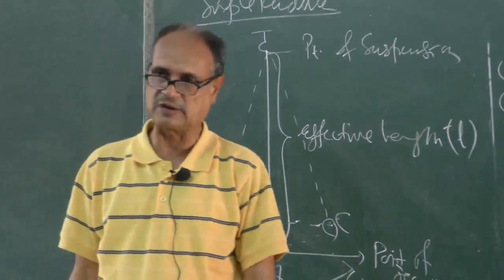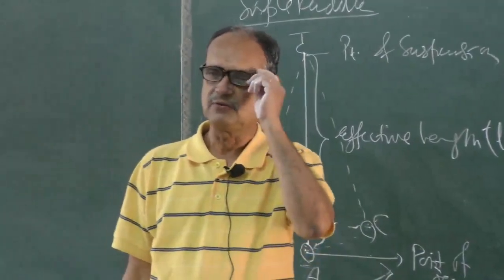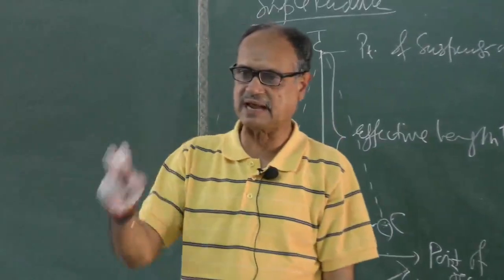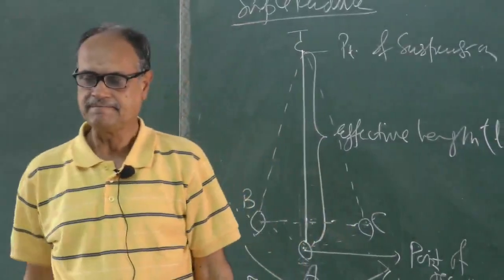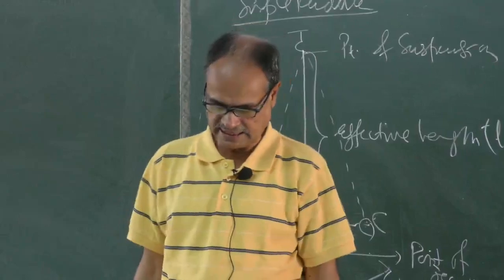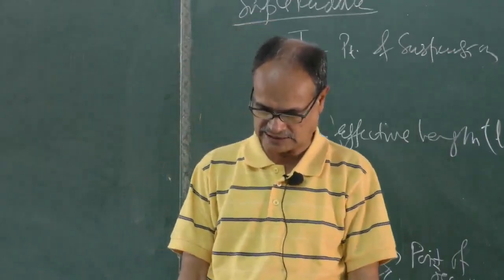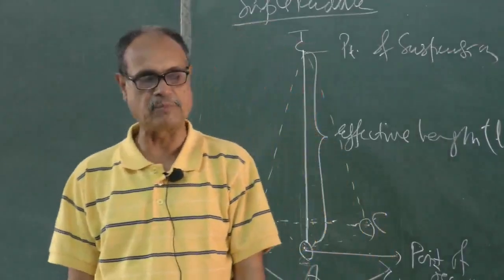That slope value is the first time period square minus the second time period square divided by the first length minus the second length. So that gets you the slope, and the g value will be 4 pi square by the slope.